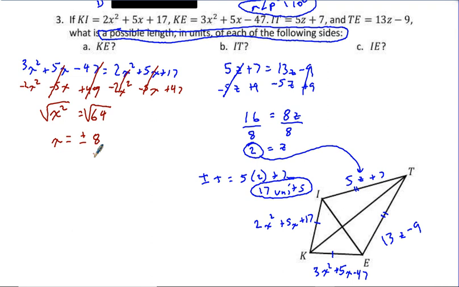Now that I have those answers for x, the values that are possible for x, I will need to substitute those back into the expressions to find the segment KE.